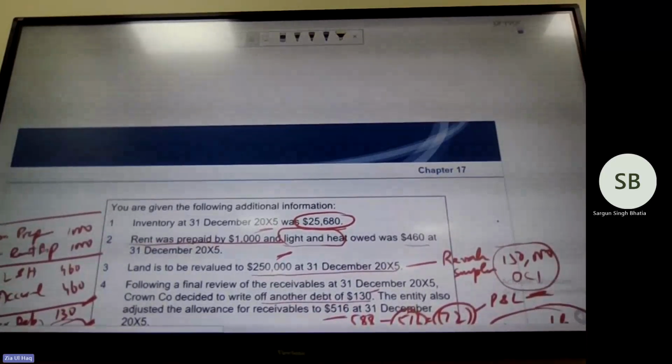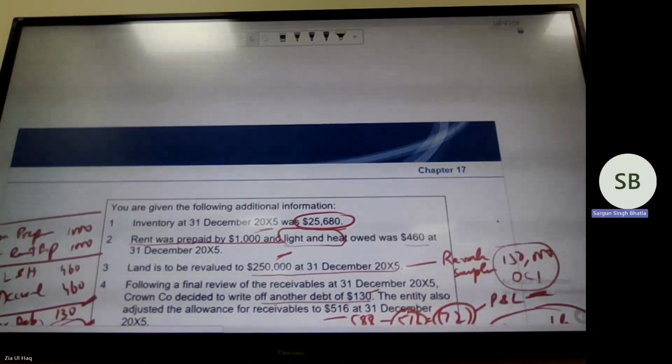Motor expenses. What's the amount? 3720. Insurance. What's the figure? 760. And then we have light and heat, irrecoverable debt.